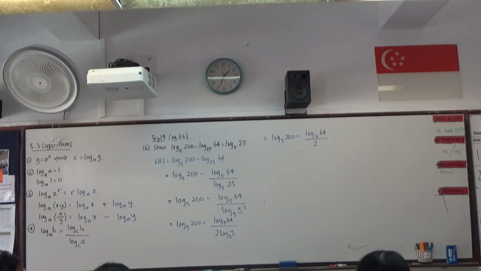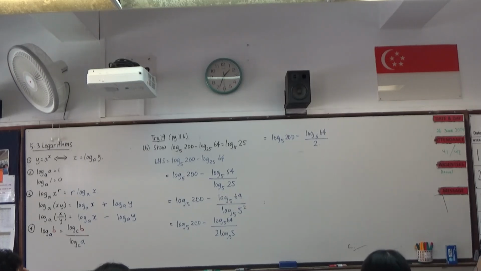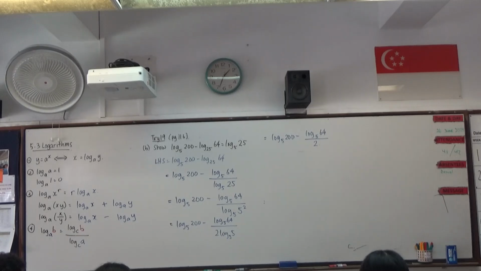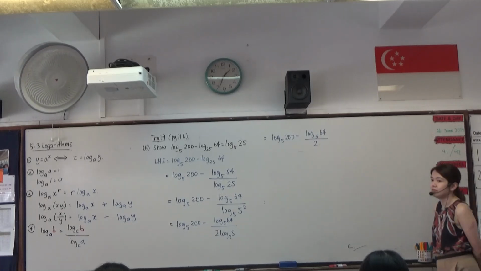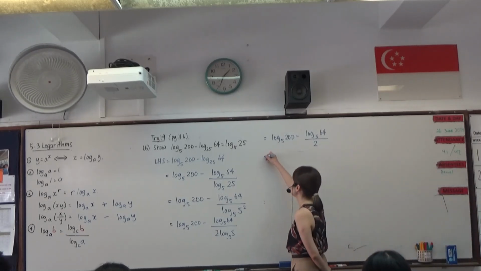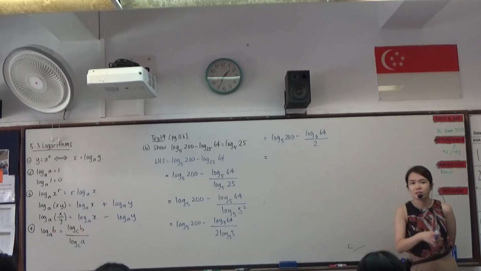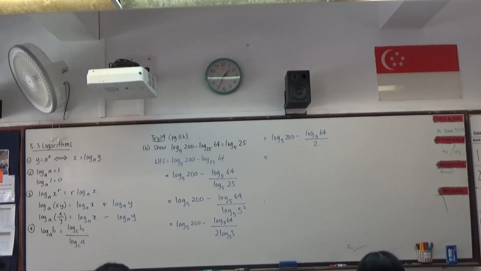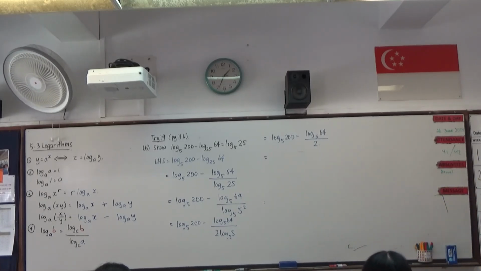Can we do something similar to our log 64 base 5 and maybe log 200 base 5? What can we do? Any suggestions from anyone?